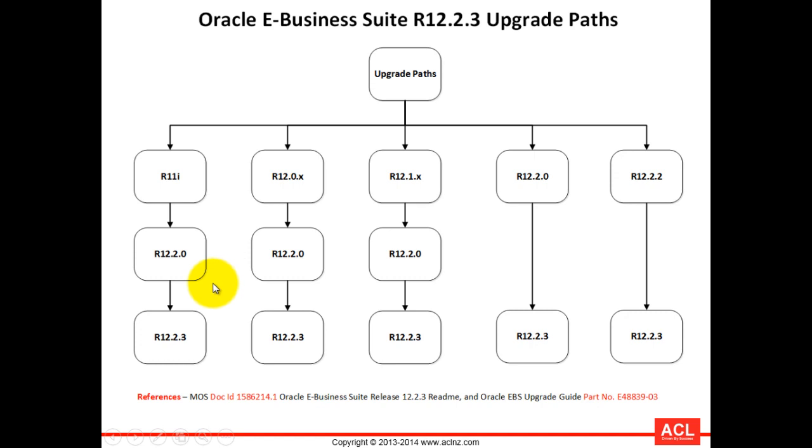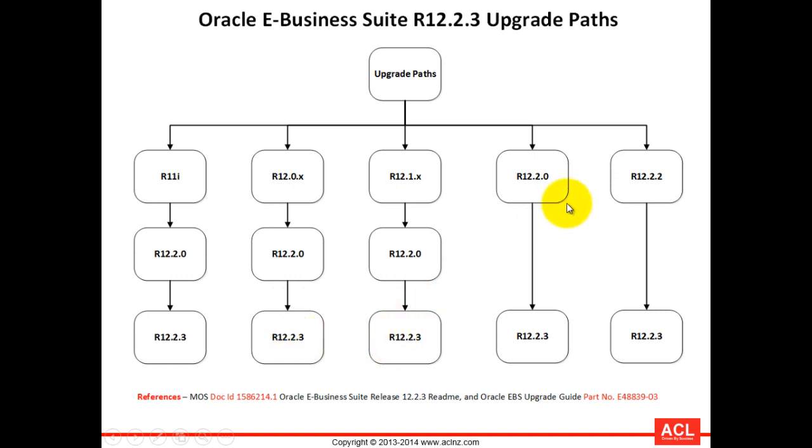So as you can see from the leftmost corner, if you are on release 11i, then you've got to first upgrade to release 12.2.0 and then upgrade to 12.2.3. Likewise, if you are either on release 12.0.x or 12.1.x, then you've got to first upgrade to release 12.2.0 and then 12.2.3.